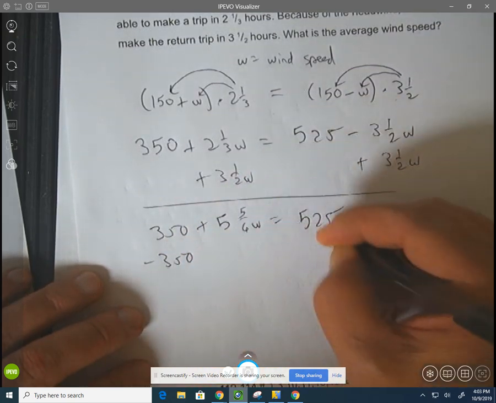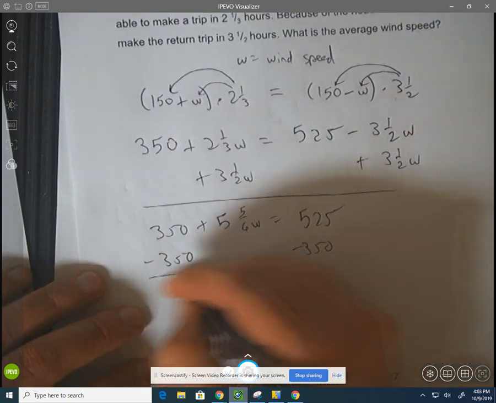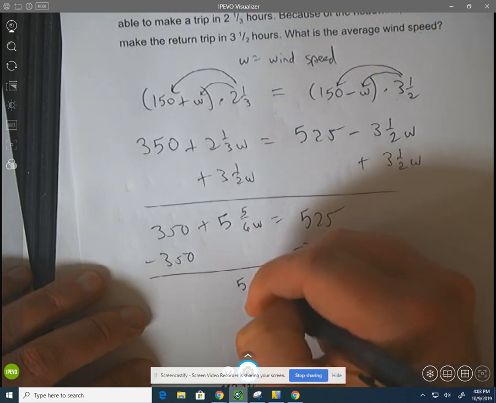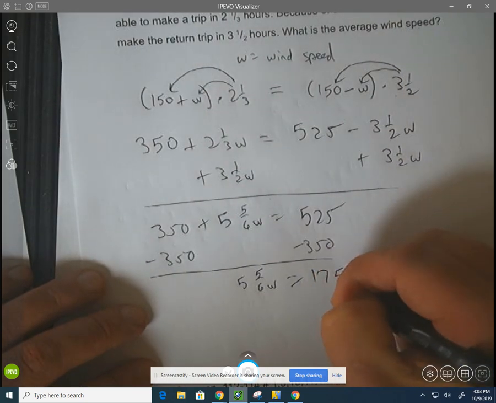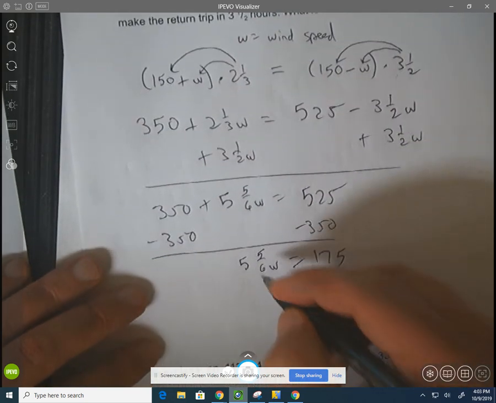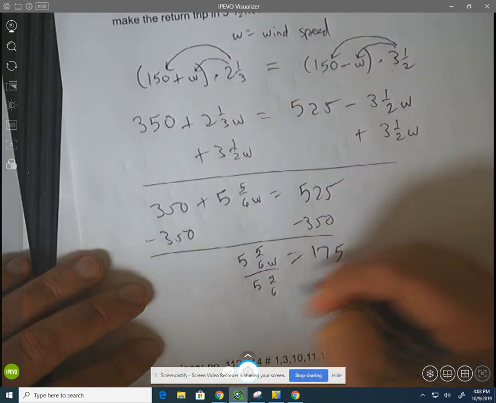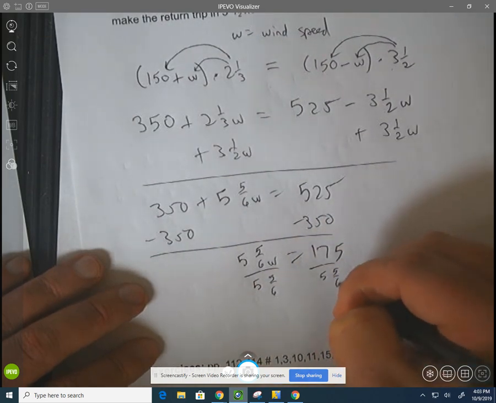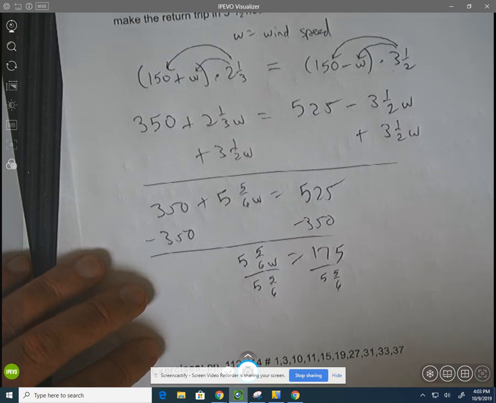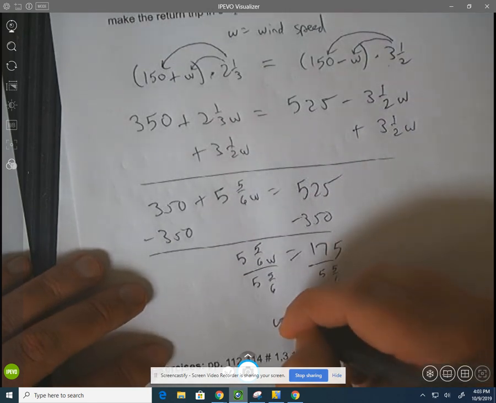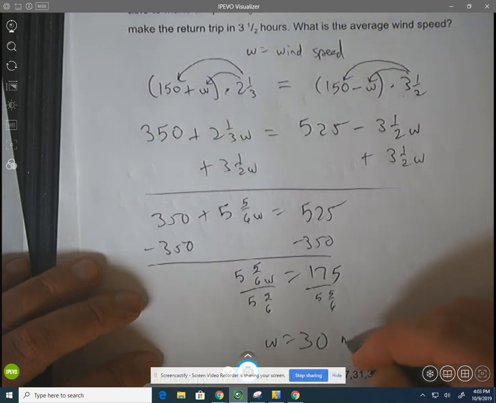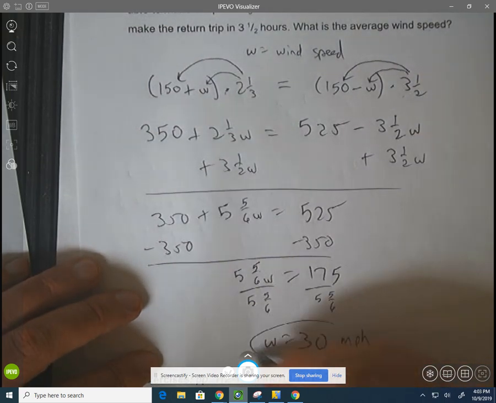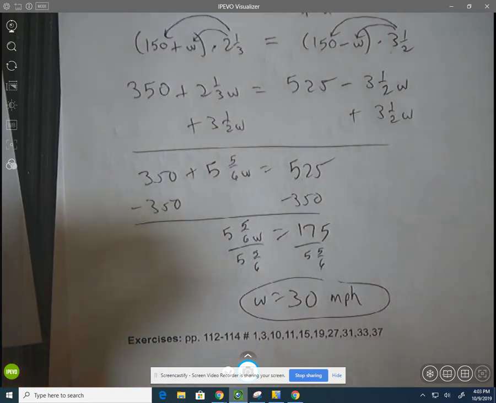Subtract 350 on both sides. I get 5 5/6 W equals 525 minus 350, which is 175. And then divide by 5 5/6 on both sides. So if I do 175 divided by 5 5/6, W is 30, which is the wind speed. So the wind is blowing at about 30 miles per hour.